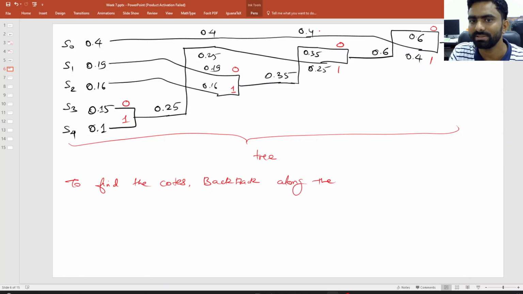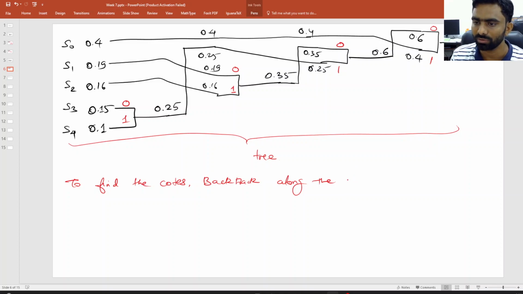Means to find any symbol, let's say S1, we'll go through this one, that is 0, then 0, then 0. For S4, we have to backtrack, 0, then 1, then 1. In this way, we have to backtrack and find the symbol. I will give the example.